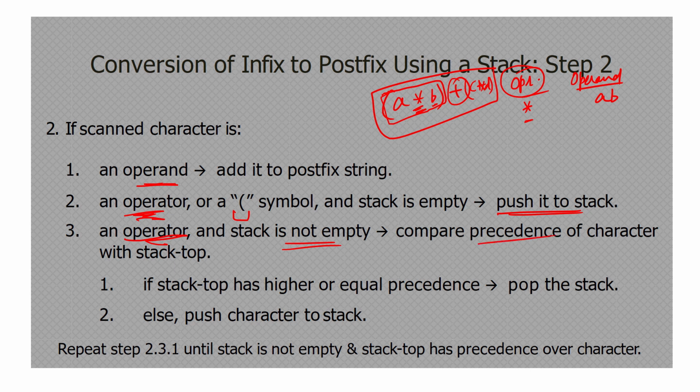We will compare the precedence. If the stack top has higher or equal precedence, pop the stack. Now star has higher precedence than plus, so this star will be popped out, and this ab will become ab multiply, and then plus will be put here because of the second operator.